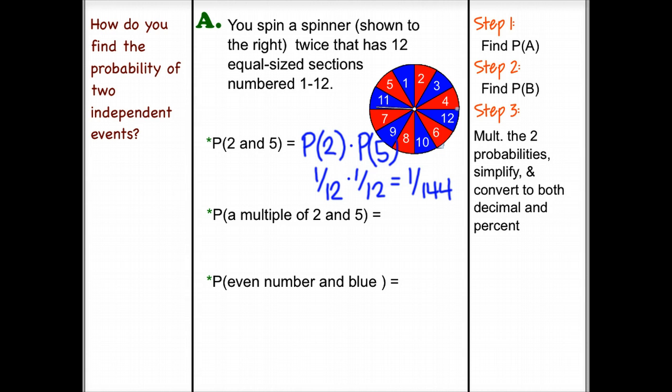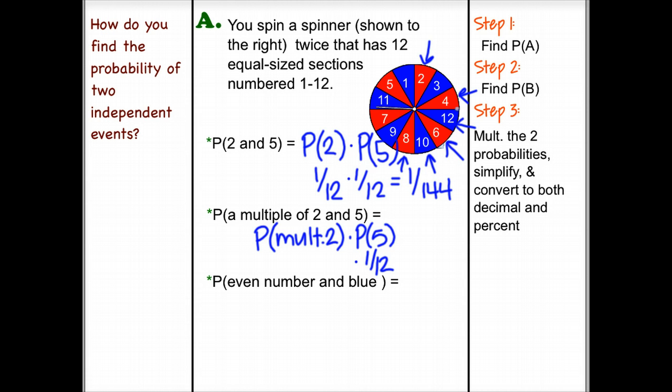Our second one, a multiple of 2 and a 5. So that means that we're going to take the probability of a multiple of 2 times the probability of a 5, which we know the probability of 5 is already 1 out of 12. For the multiple of 2, I look here and I see that 2, 4, 12, 6, 10, 8 are all multiples of 2.